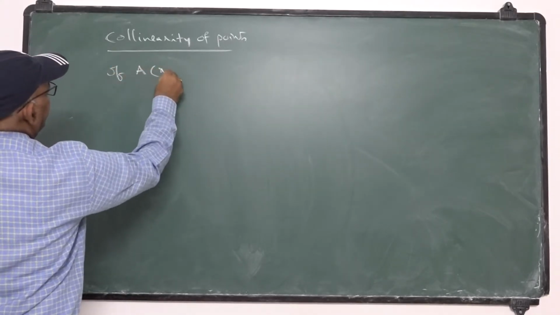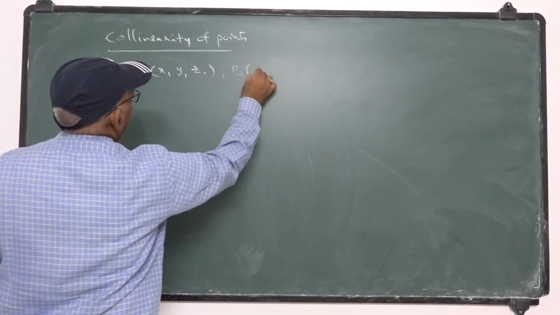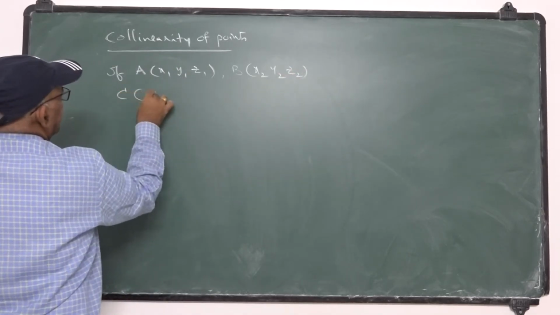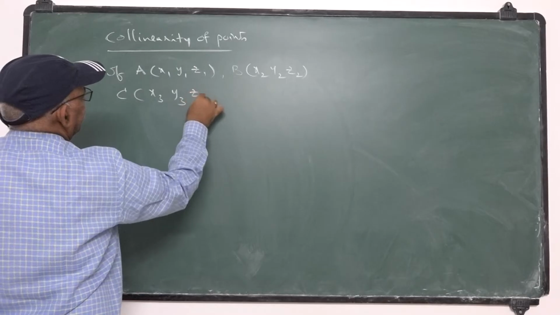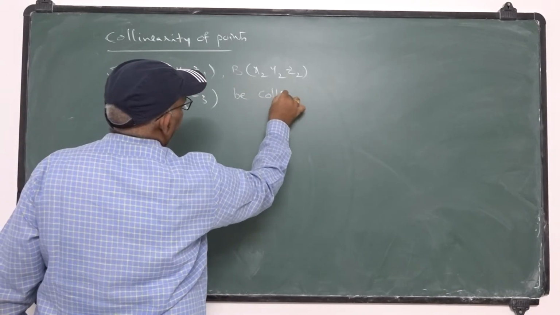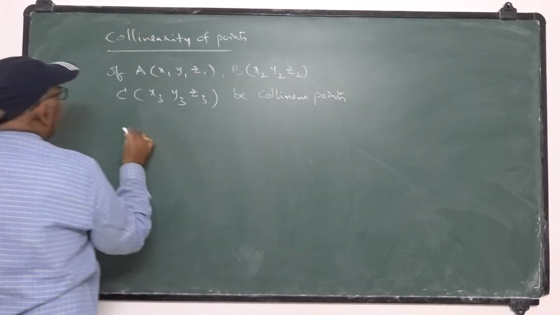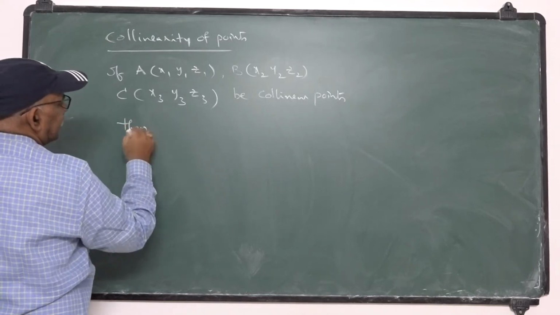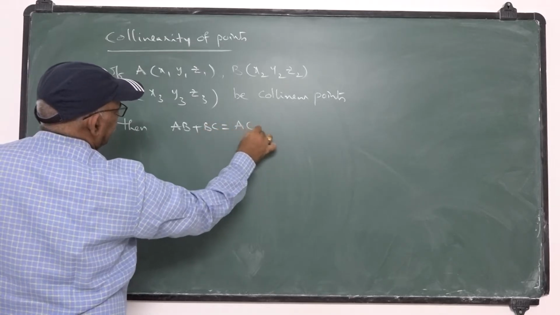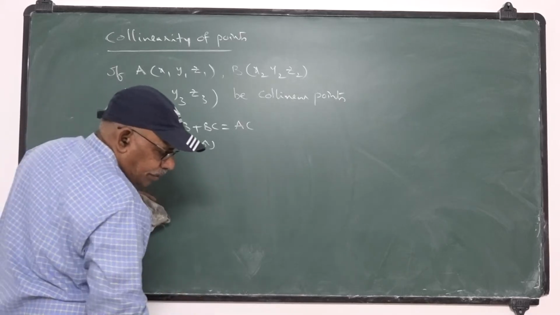If A(x1, y1, z1), B(x2, y2, z2), C(x3, y3, z3) be collinear points, then AB plus BC equal to AC.